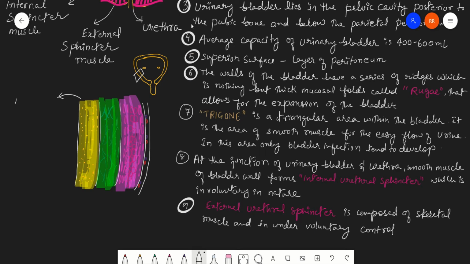So this is the mucosa, and the second layer is the lamina propria, which is depicted in green color, and the third layer is the muscularis layer. And just like the ureter, there is a superficial layer of adventitia.